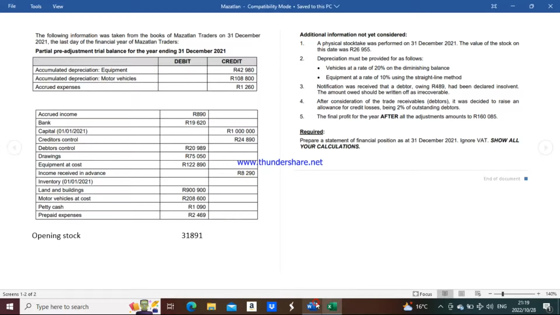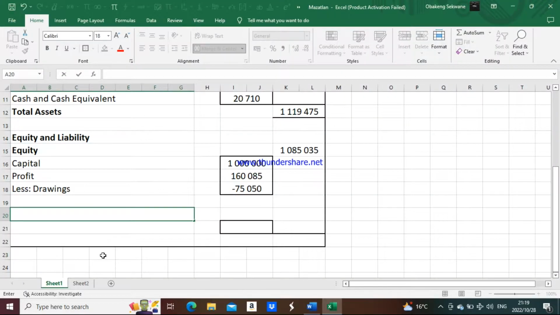Then we have, okay, I almost said non-current liabilities without checking. So we don't have any non-current liabilities. We don't have any loans or long-term debt. And obviously we've used all the information here, so there's nothing that we need to extract from our additional information. So what we have here is our current liabilities.